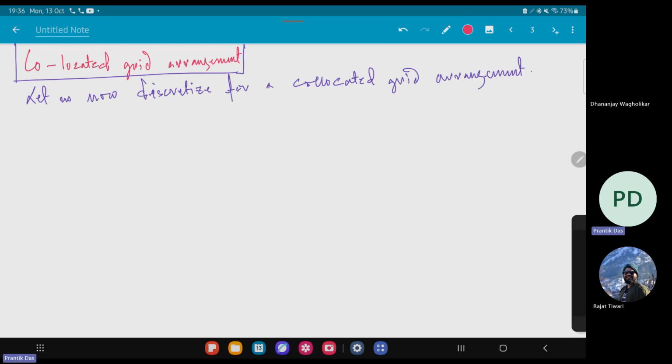The collocated grid arrangement typically works like this. For example, if this one is P, which is my cell of interest, and capital E and capital W are the cells centered at the east and the west of P itself.